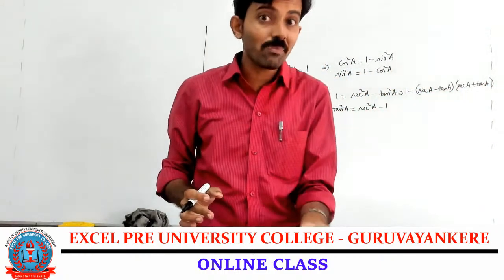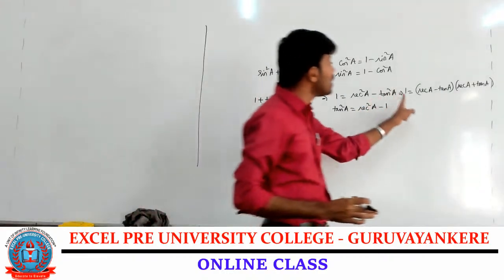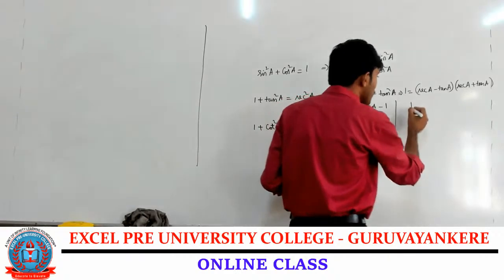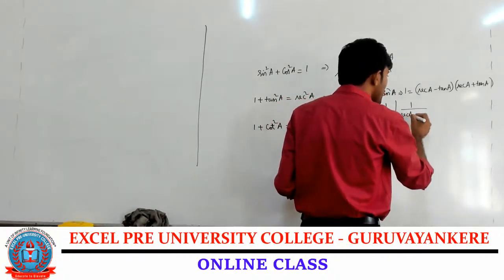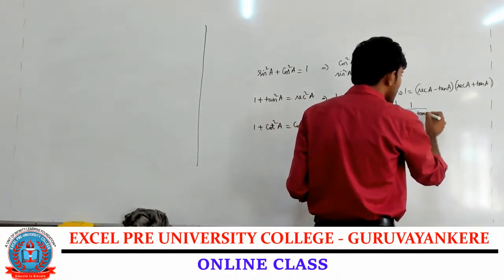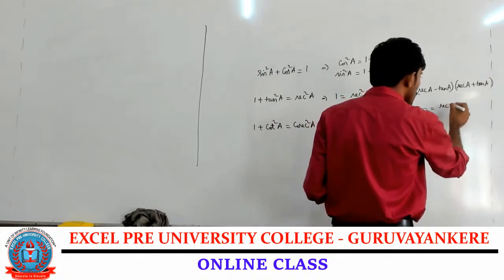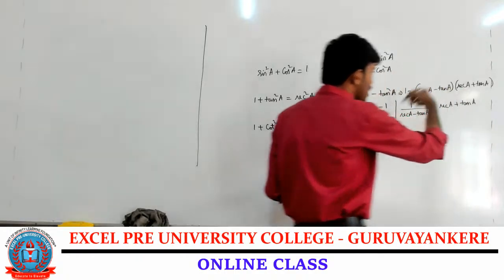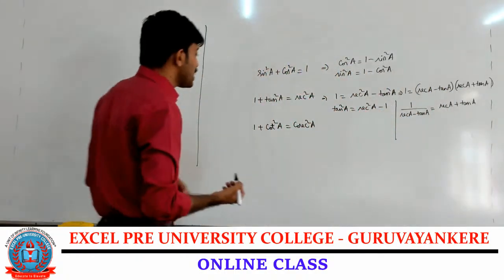That means sec A + tan A and sec A − tan A are reciprocals. Correct? From this, 1 by (sec A − tan A) is equal to sec A + tan A.